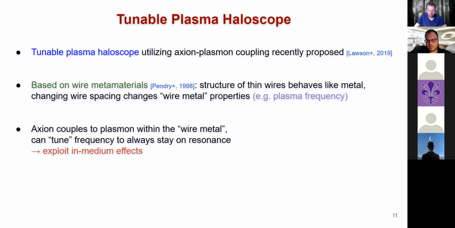And what this means, going back to my previous comments about in-medium effects, is that you take advantage of the in-medium effects rather than having them as a hindrance, as in a lot of proposals they are. Additionally, the resonance frequency is not limited here by the geometry as it is in the more conventional cavity haloscopes, where the frequency is set again by the cavity resonance mode.